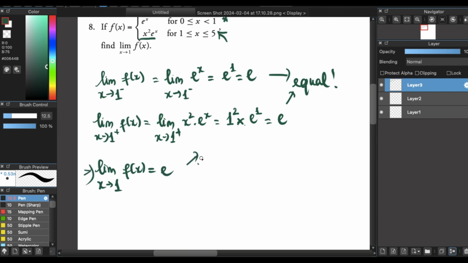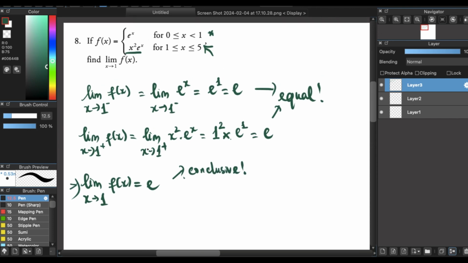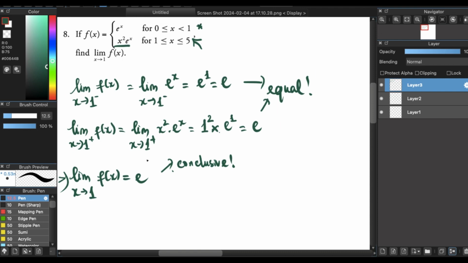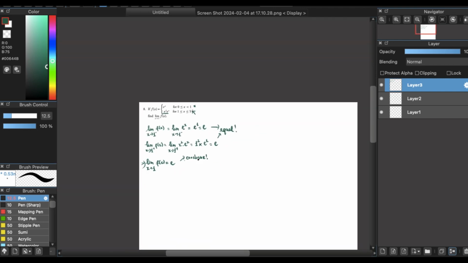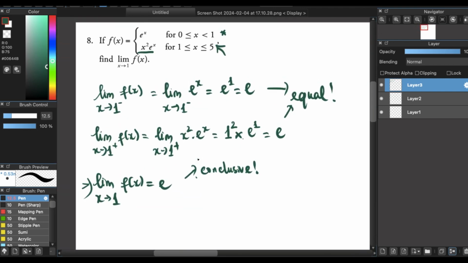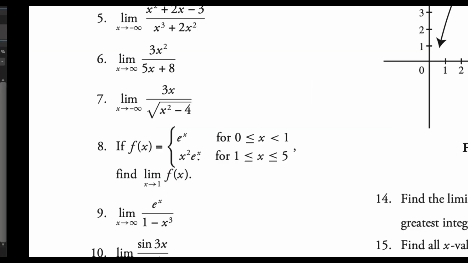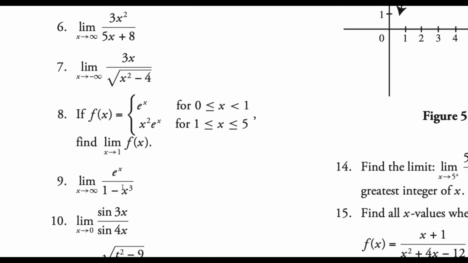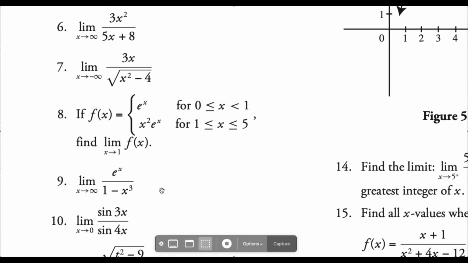So this is conclusive, right? Yay. But if it's not equal, then it's also not a bad thing. It just means that the limit does not exist, and trust me, it happens all the time. So this is our 8th example, and now we're going to move on to the next one.